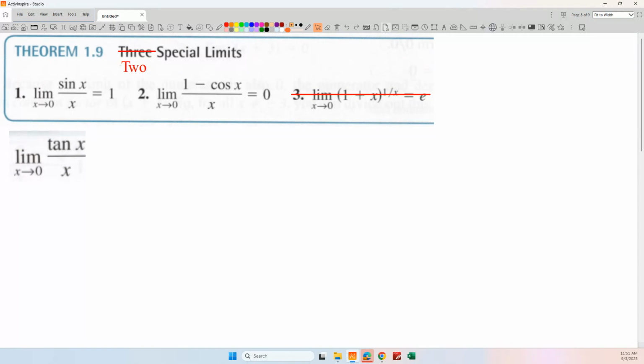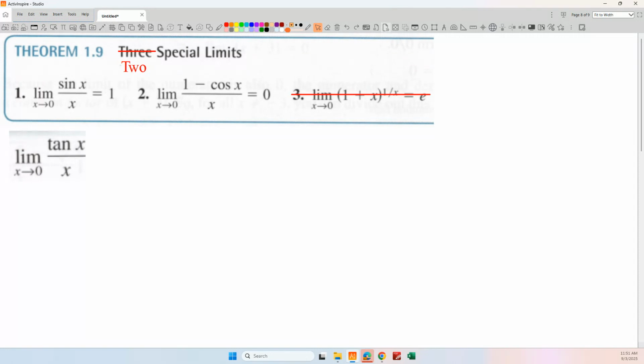Yeah, so what is tangent? The ratio of sine over cosine. So if you want to evaluate tangent, you just look at the ratio of sine over cosine. Well, sine of 0 is 0, cosine of 0 is 1. 0 over 1 is 0, so the tangent of 0 must be 0, right? So it is indeterminate. I've got to resolve this indeterminacy.